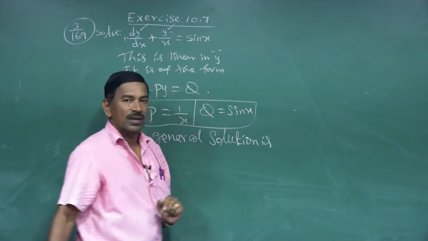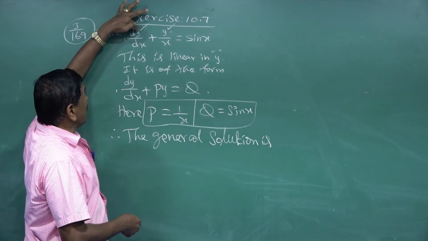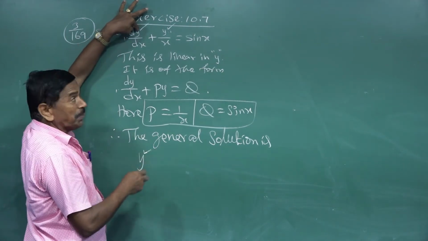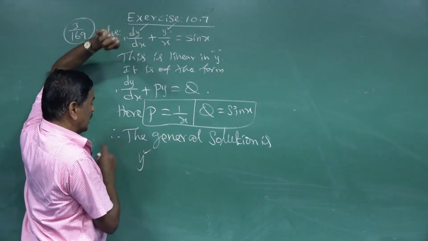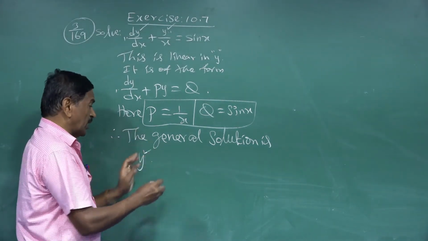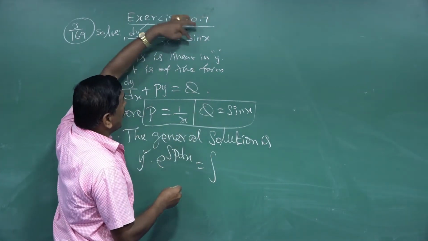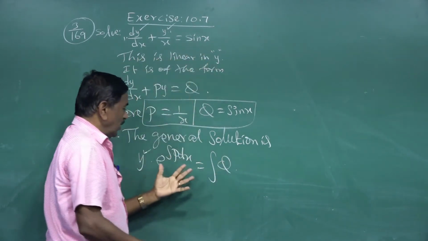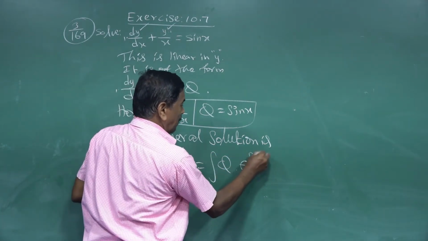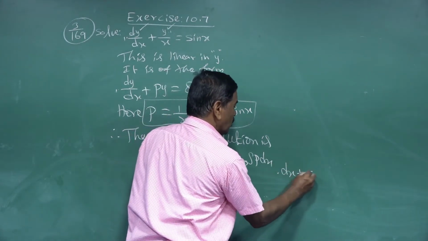Therefore, the general solution is, listen, starting with y, using pencil: y into e power integral p dx is equal to integral of q into the same e power integral p dx on the right, into dx, plus constant c.